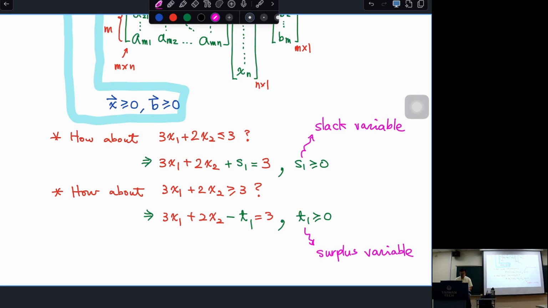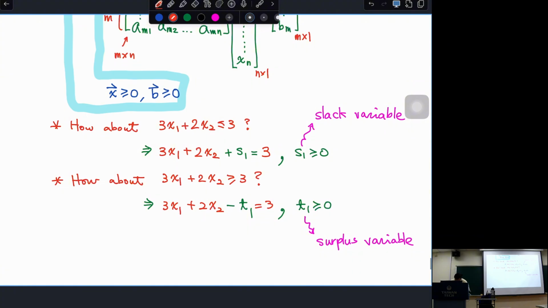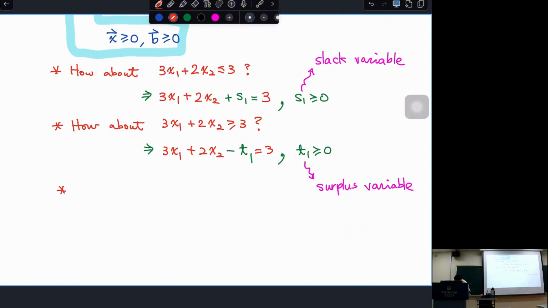So if one day, let me show you another example. If one day you are handling negative value on the right, what do you do? You convert it to positive first.